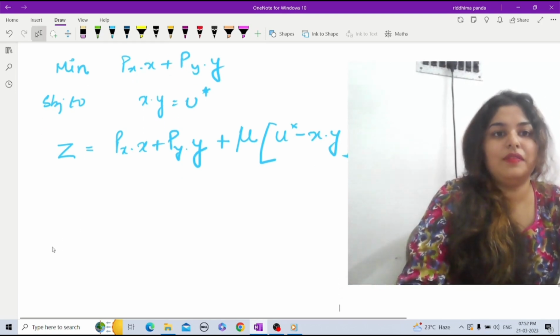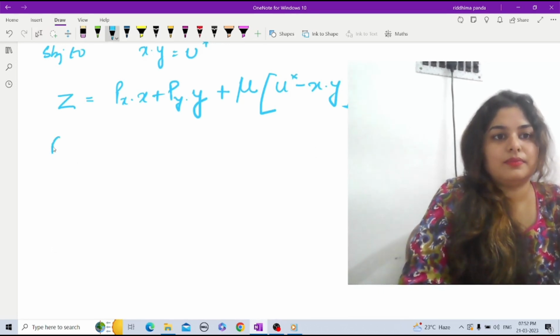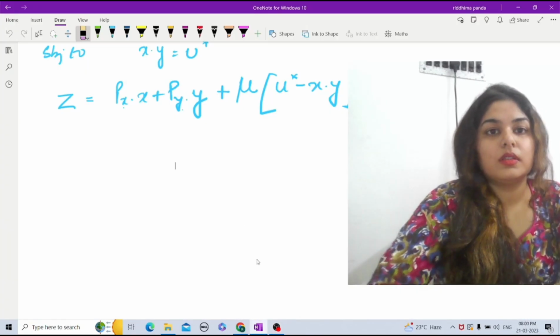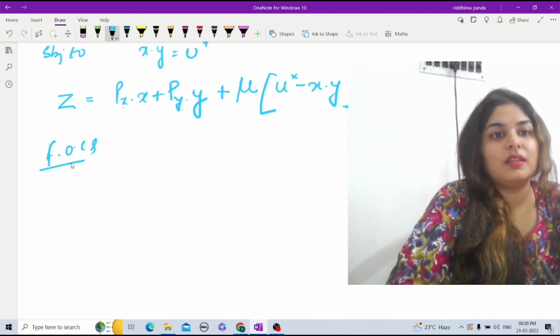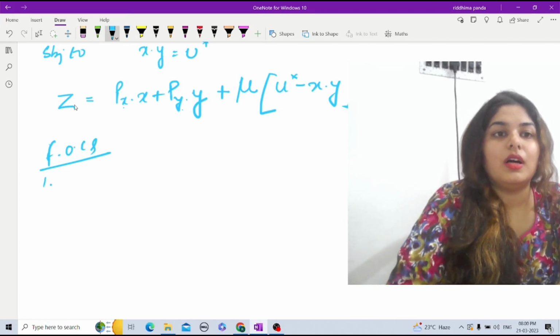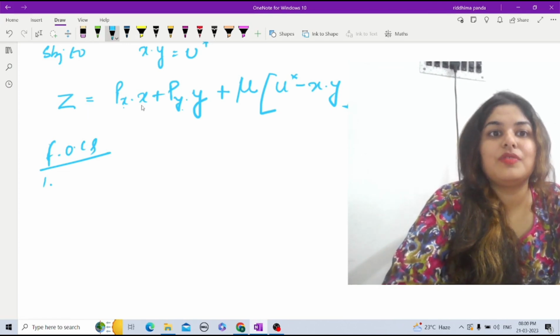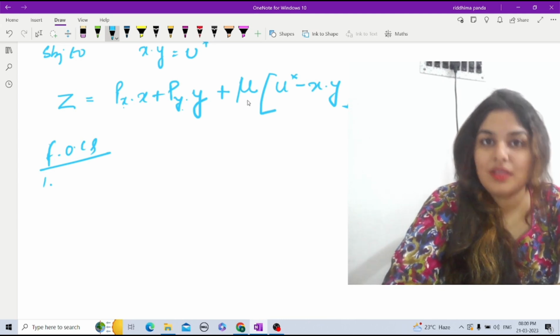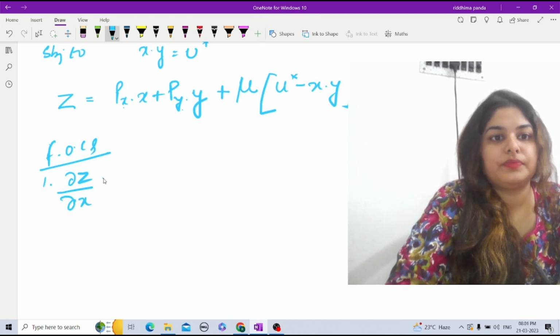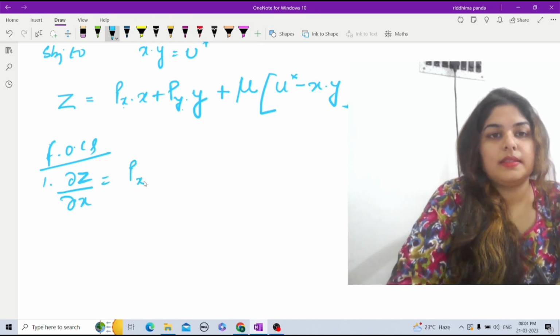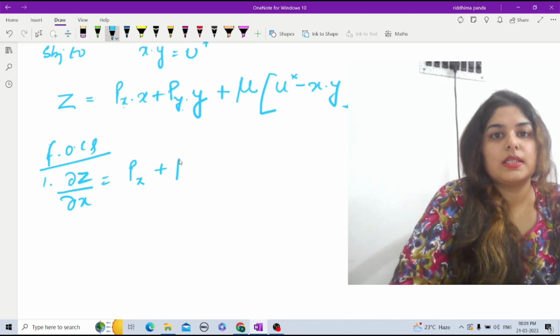Now again we have to solve the first order conditions, FOCs. Number one FOC is what? Now I'm going to differentiate this Lagrangian equation with respect to x, y, and our third parameter mu. So first one is delta z by delta x, that is px plus mu into minus y.